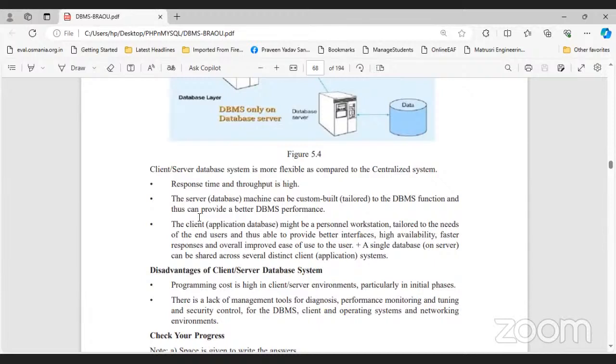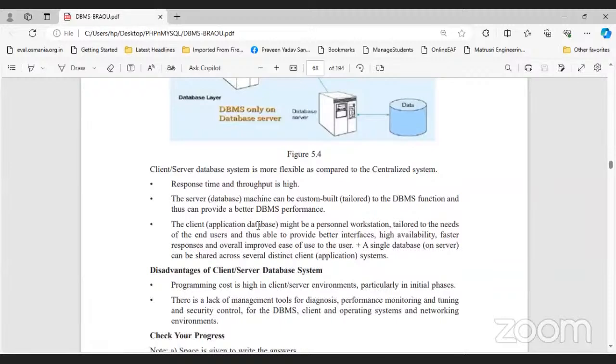DBMS has three levels: internal level, conceptual level, and external level. The internal level is also called the physical level. Physical level means that level communicates with the hardware. The conceptual level describes your entire database: what type of database it is, what tables are there, what data types are used, how many columns and rows there are. The remaining level is for the users, the application level.